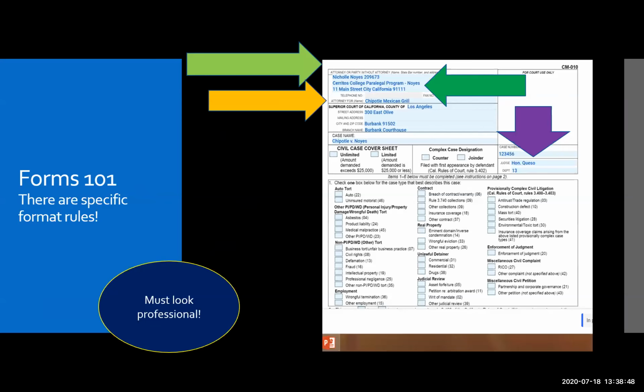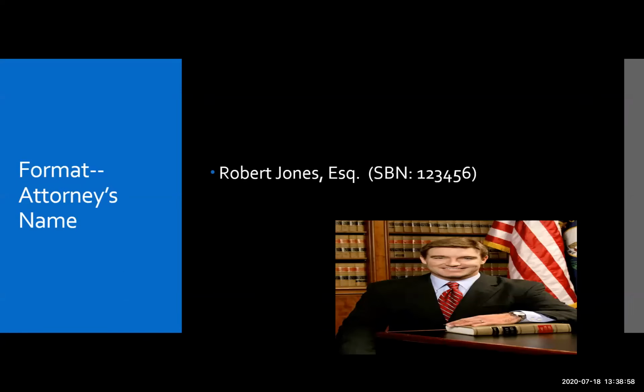Now, when we talk about drafting our forms, we do have specific formatting rules. The first one is, how do we write an attorney's name? On your screen is how you write the attorney's name. It's the name, so our example here is Robert Jones.